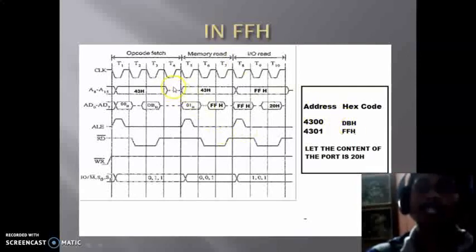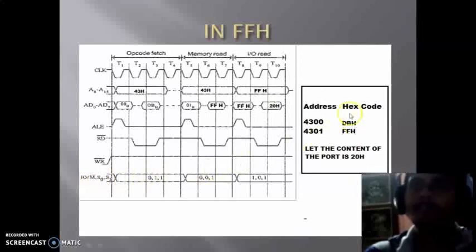This dotted line is basically unspecified for the higher order address bus, and here the ALE will remain low, and the read signal will be high, because the read operation was already completed in the previous T state, T3, and no write operation is going on, so that will remain high. So here the status of this particular opcode phase is 011 for IO/M bar, S0, S1, that I already discussed.